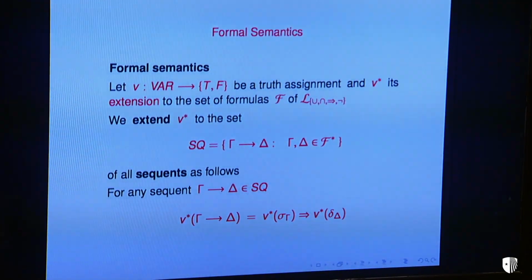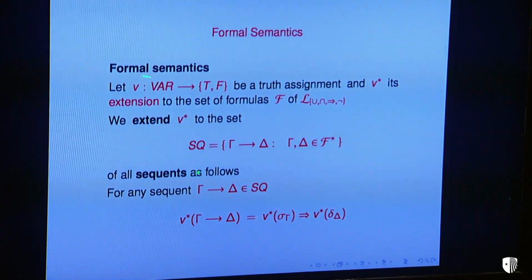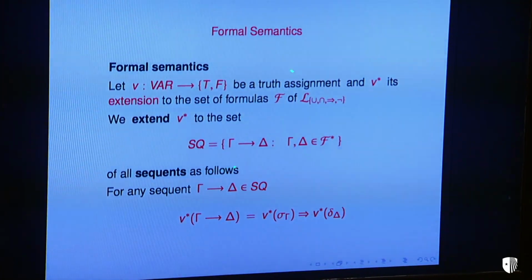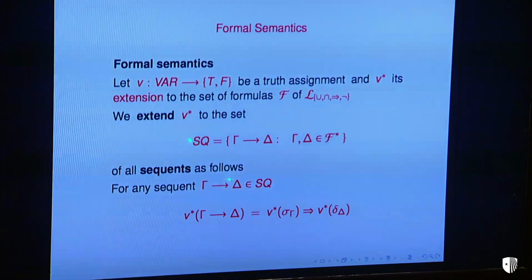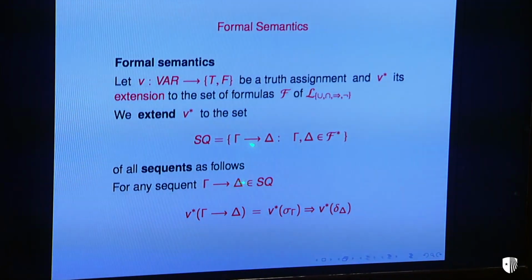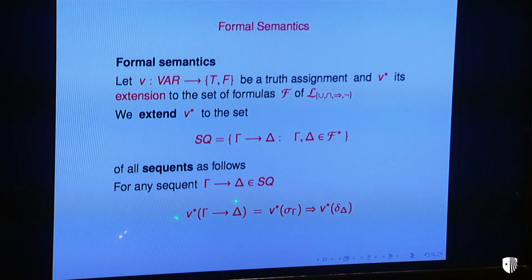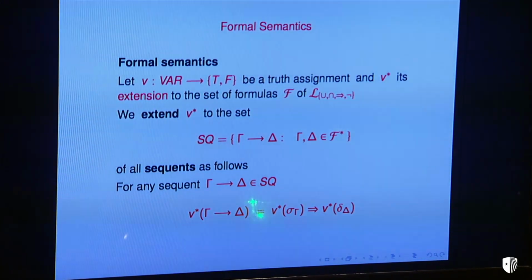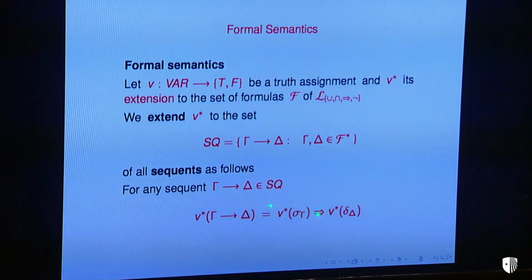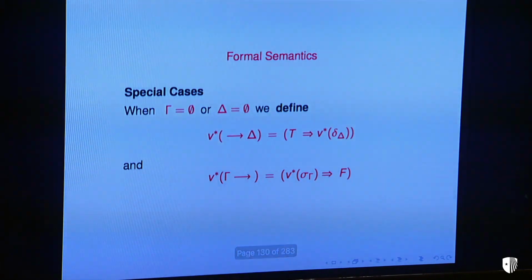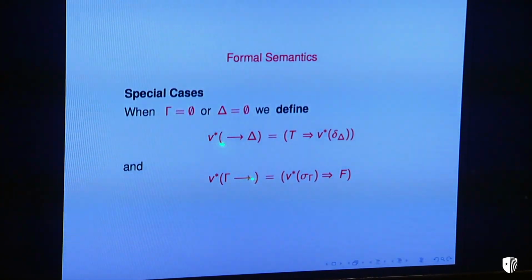And of course, now formally we can extend our truth assignment to the set of all sequents, where Q is the set of gamma implies delta sequents. V star of a sequent would be equal to V star of the conjunction implies V star of the disjunction.